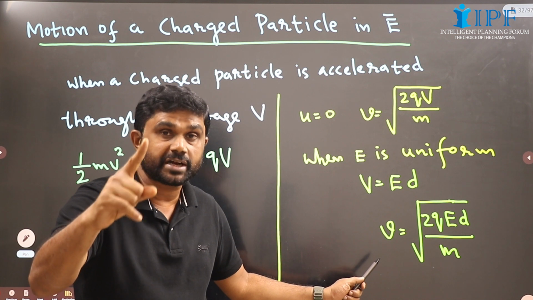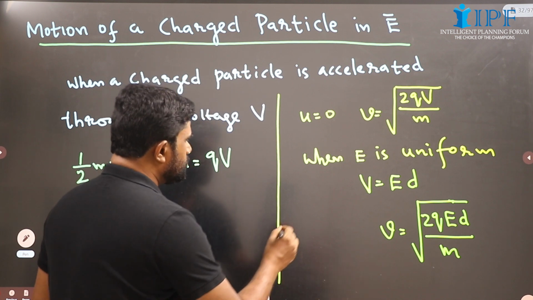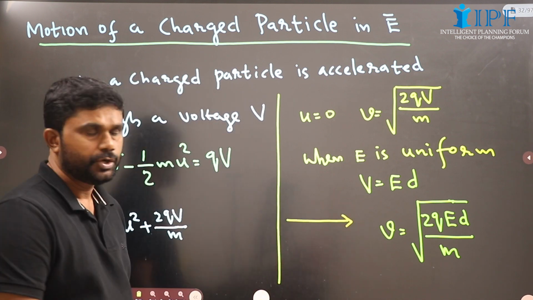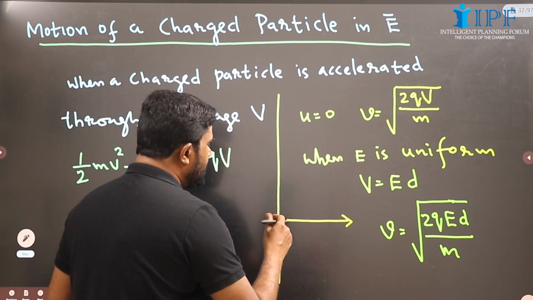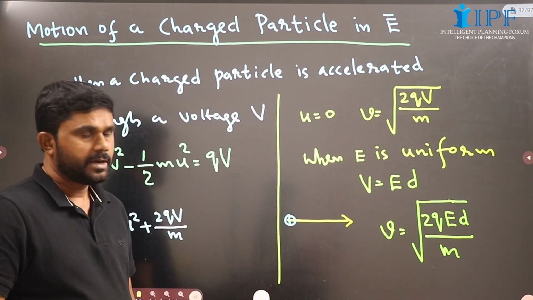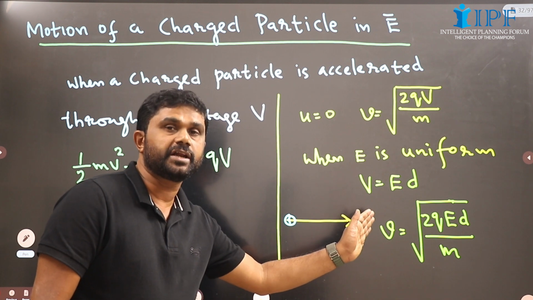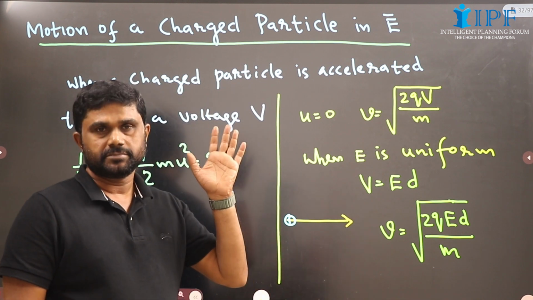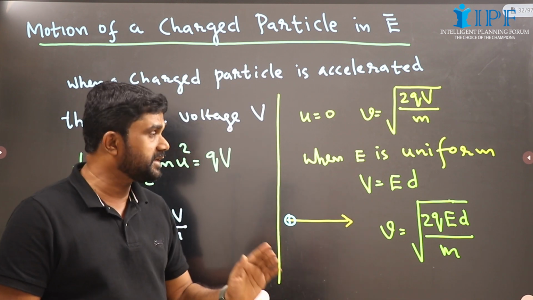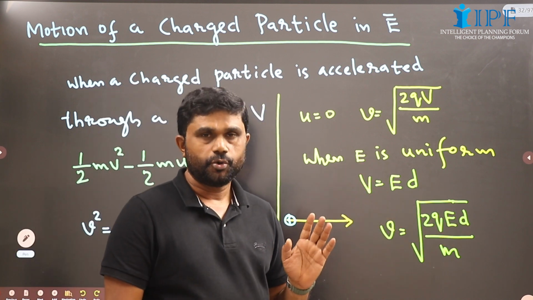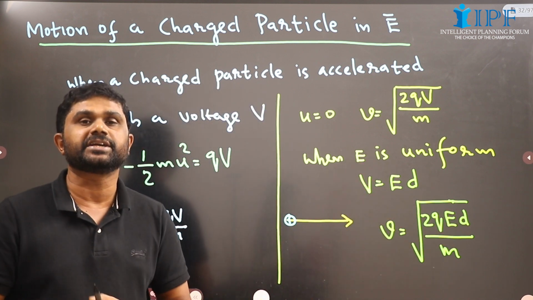Now, a particle of mass m and charge q traverses a distance d along the direction of a uniform electric field E. Suppose there is an electric field like this, and the particle is released from here and moves through a distance d along the direction of the field. Then what is the work done? Work done is E into d, and that work done will appear as kinetic energy.